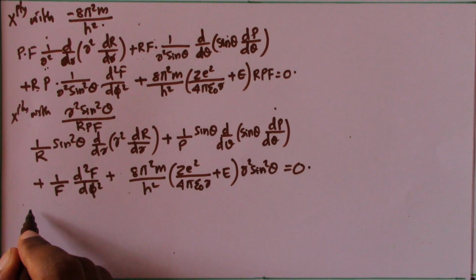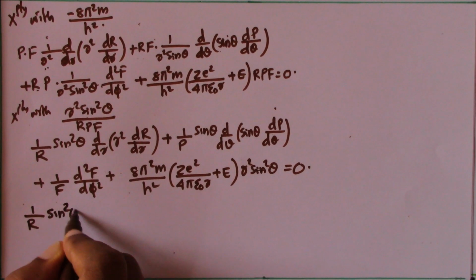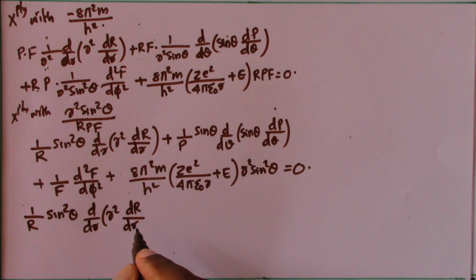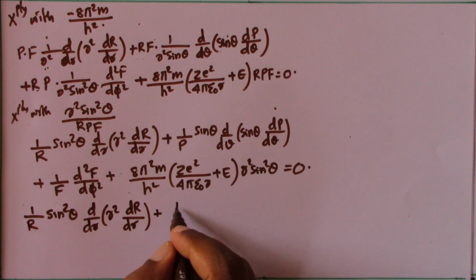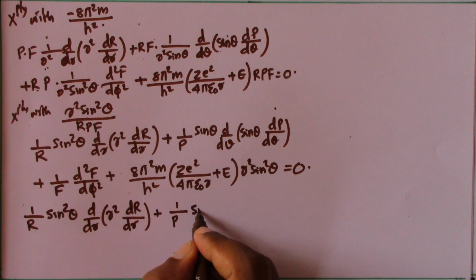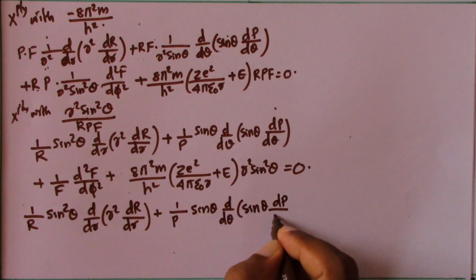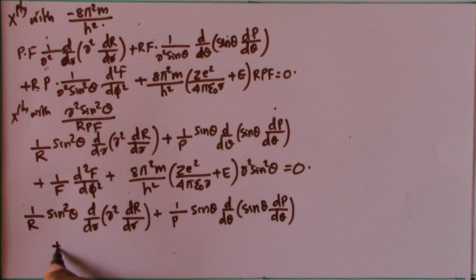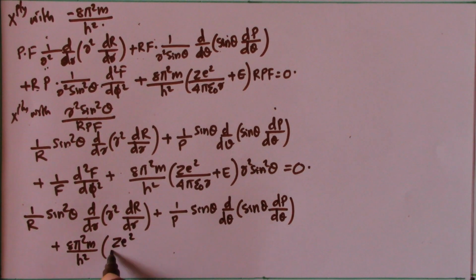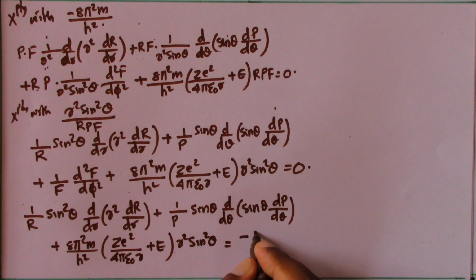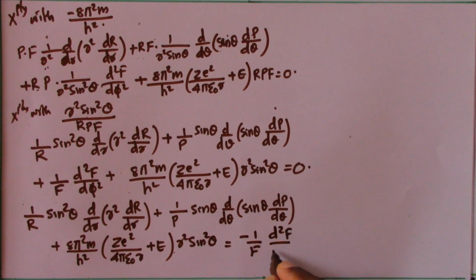So the equation will be 1 by R into sine square theta into d by dr of r square dR by dr, plus 1 by P sine theta d by d theta of sine theta dP by d theta, plus 8 pi square divided by h square into z e square by 4 pi epsilon 0 r plus E into r square sine square theta is equal to minus 1 by F d square F divided by d phi square.